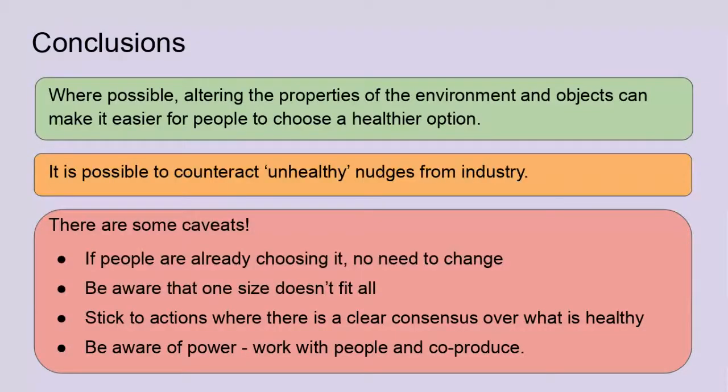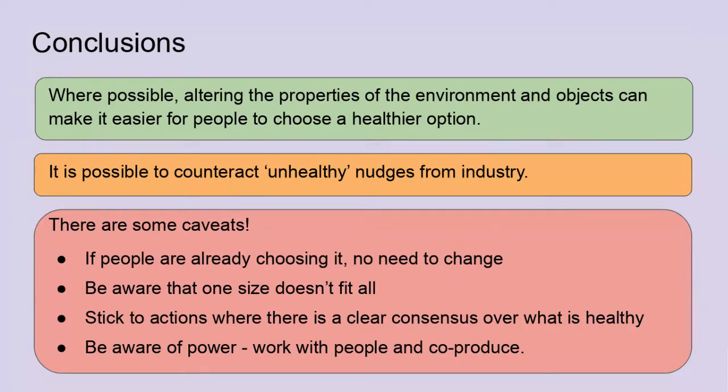So to conclude, I'll wrap it up because I can see there's quite a lot of questions. It's a complex field. It can be useful to do some of these things to alter the properties of the environment and objects, which can make it easier for people to choose a healthier option, perhaps try and counteract some of these changes that have been happening to our environment over the past 100 years or so, which have made it more difficult.